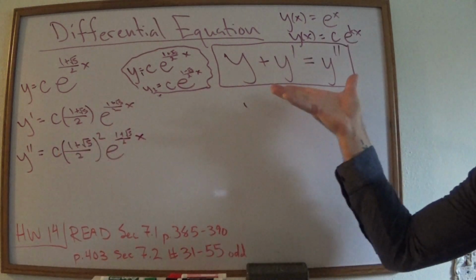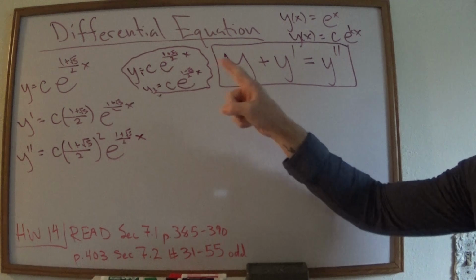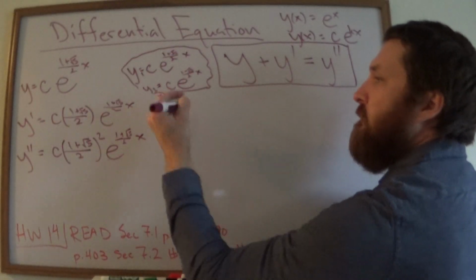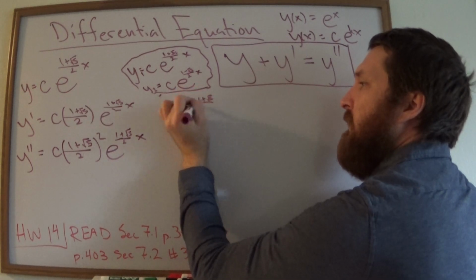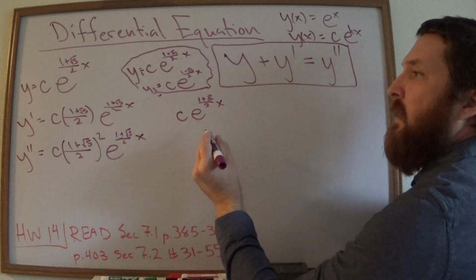Now let's just plug it into here and see if it works. y was that guy, so c e to the 1 plus root 5 over 2 x.